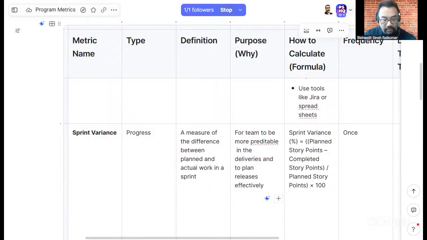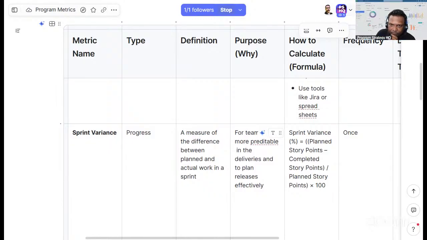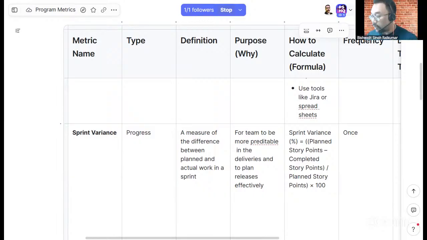It's an average of the last five, which is 45. Let me read it out: average velocity over five sprints is 45 story points, and in the current sprint, it delivered 40 points.